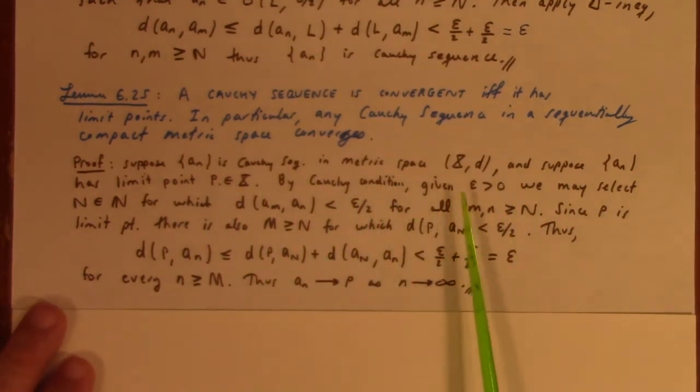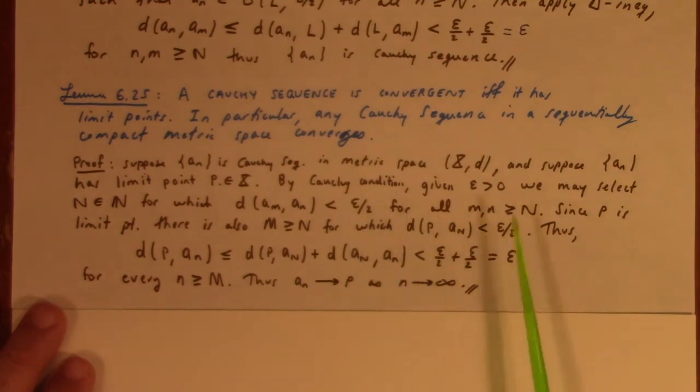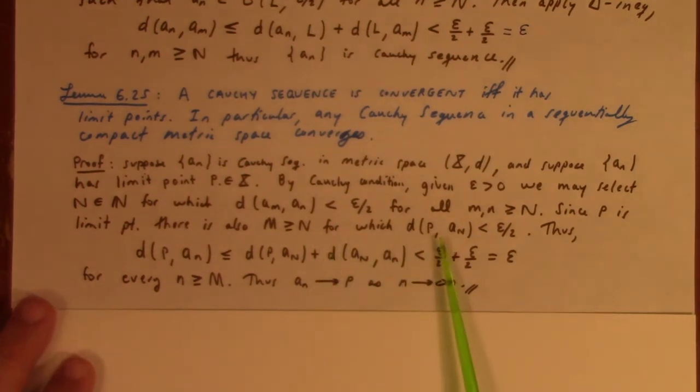By the Cauchy condition, given epsilon greater than 0, we may select an integer N sufficiently large such that whenever you take integers m and n sufficiently bigger than N, you get that the distance between them is less than epsilon over 2. But then since p is a limit point, we also know that there's a big M greater than big N for which the distance from p to a_M is less than epsilon over 2.